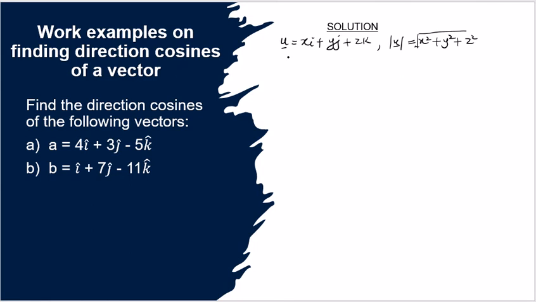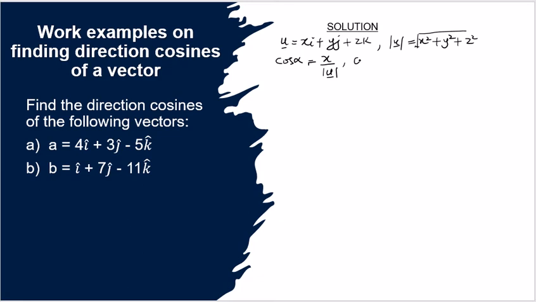We concluded that the direction cosine for the first unit vector is x over its modulus.